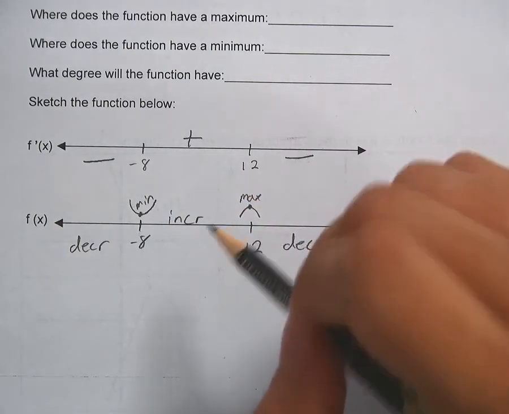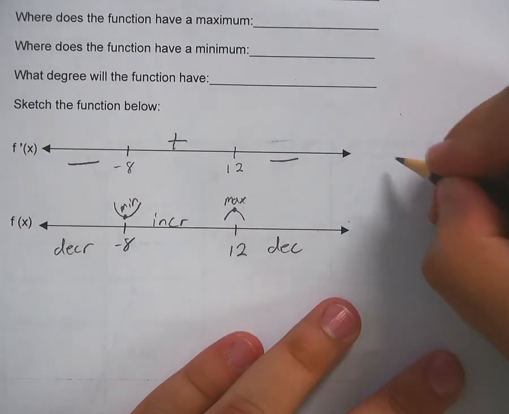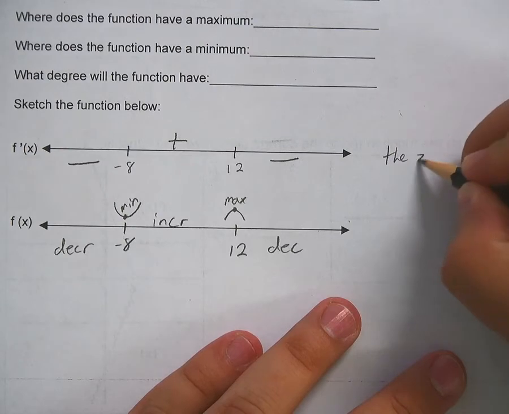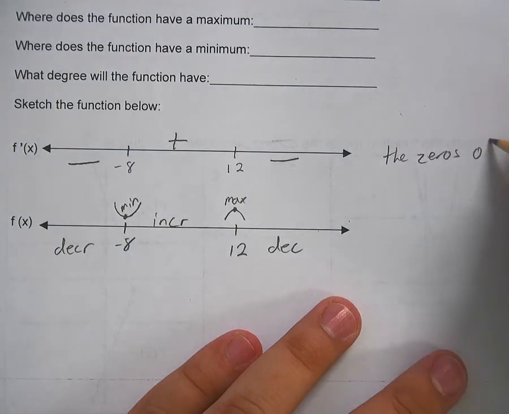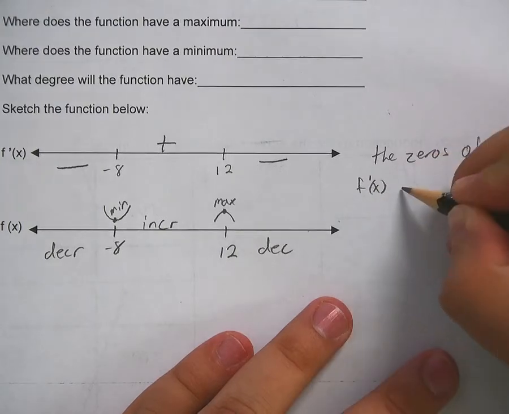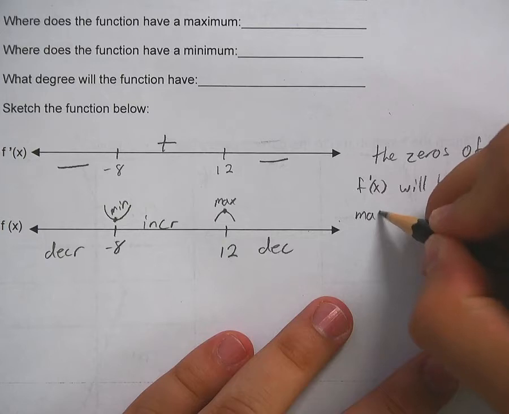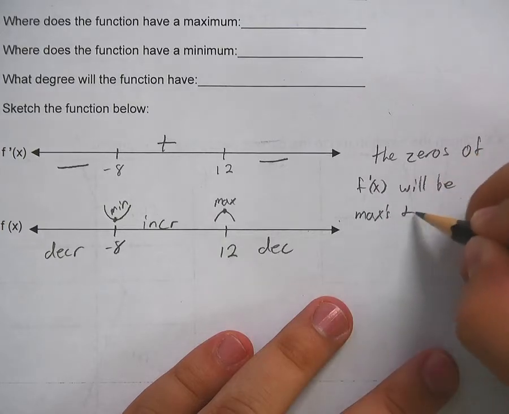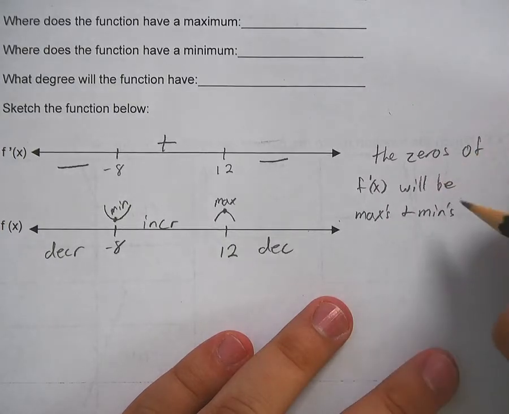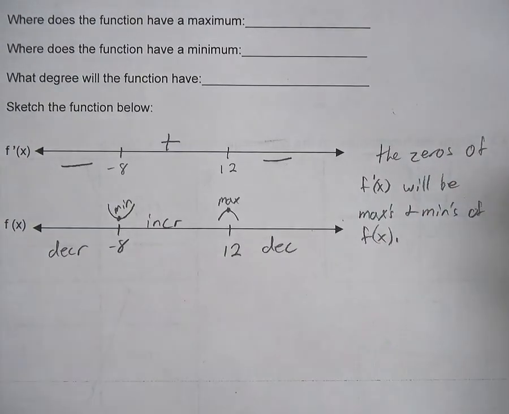The zeros of the derivatives will be maximums or minimums on the original graph. The zeros of f prime of x will be maxes and mins of f of x. Alright?